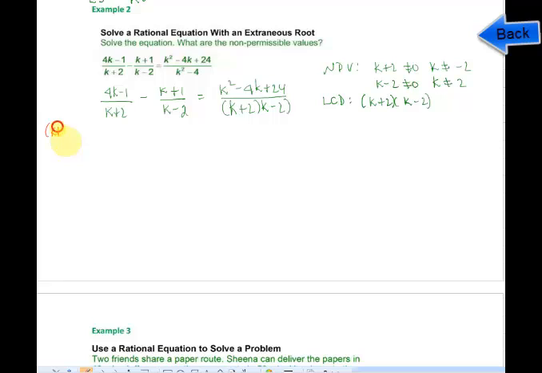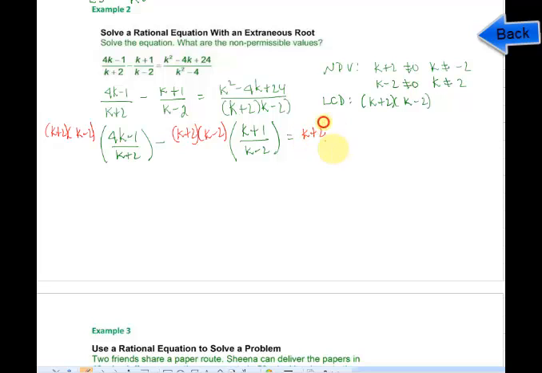So we go k plus 2 times k minus 2 times 4k minus 1 over k plus 2, minus k plus 2 times k minus 2 times k plus 1 over k minus 2, equals k plus 2 times k minus 2 times k squared minus 4k plus 24 over k plus 2 times k minus 2.